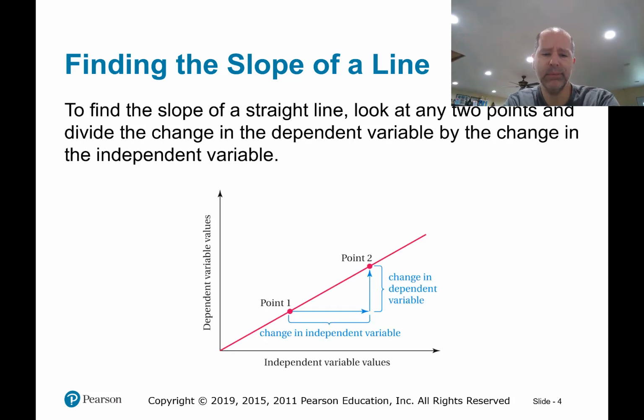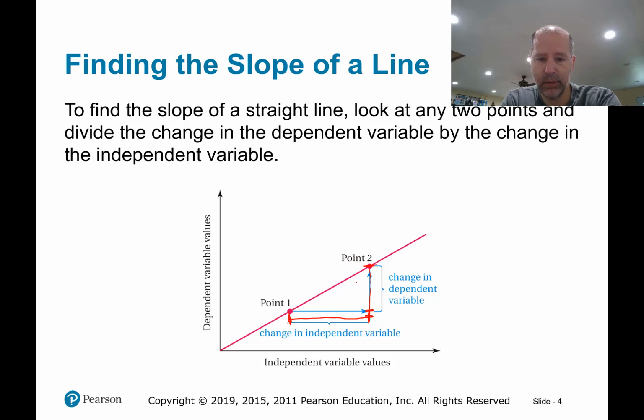So notice here we pick 2 points. So all we have to do is calculate the distance from this point all the way over here to this point in the horizontal direction. So in the x direction. Then we also measure the distance from point 2 down to point 1, or up from point 1 to point 2 in the vertical direction, right?